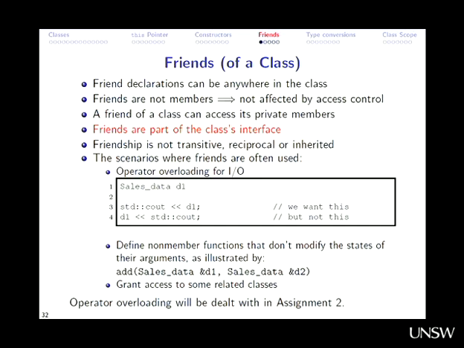If class A declares that class B is a friend, class B can access all the private data of class A, but class A cannot access all the data members of class B. So if I don't declare that you are my friend, I can't access all your private data. I declare that you're my friend, and then you can access all my data in that direction.